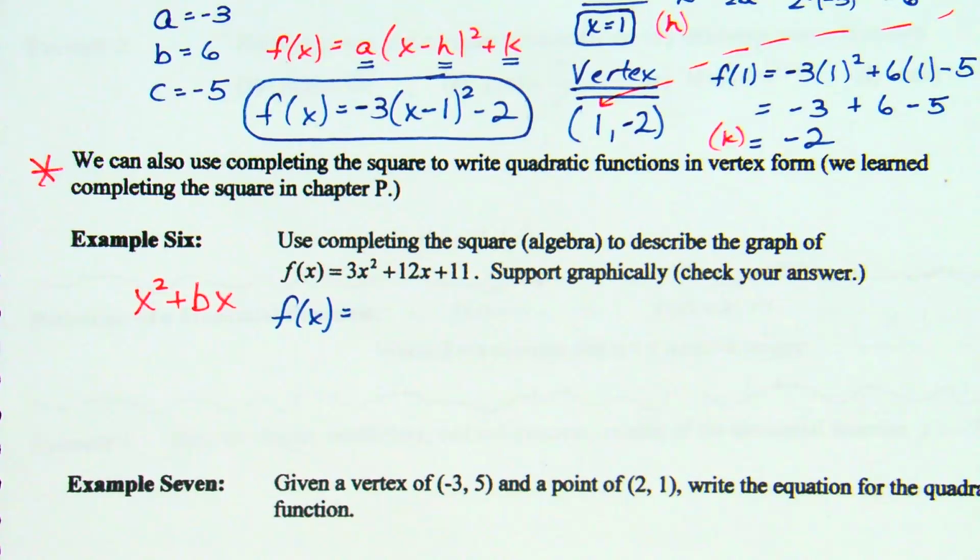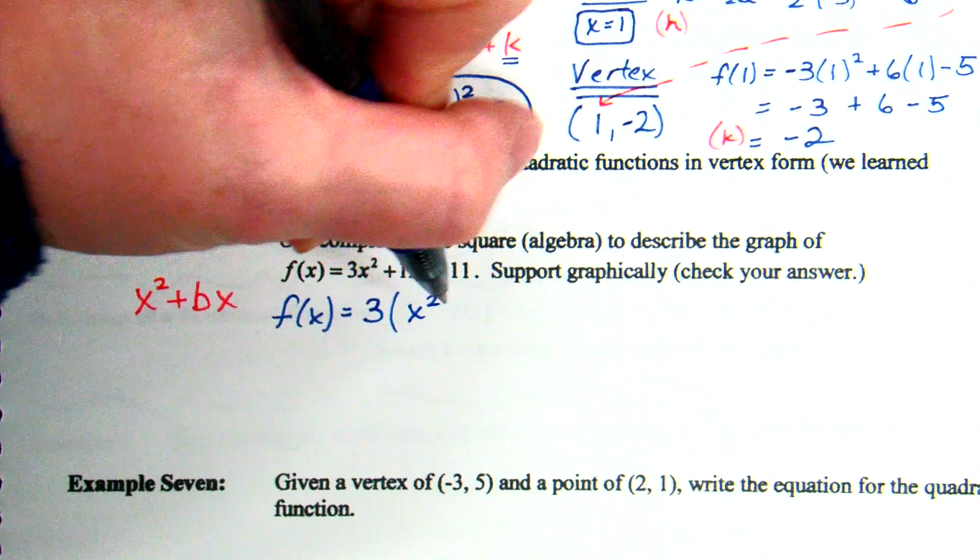Okay? So if I take 3 and factor it out, so 3 is a GCF. If I factor it from 3x squared, I'm left with x squared plus 12x. If I factor a 3 from 12x, I'm left with 4x. Yes, I started to give myself away.